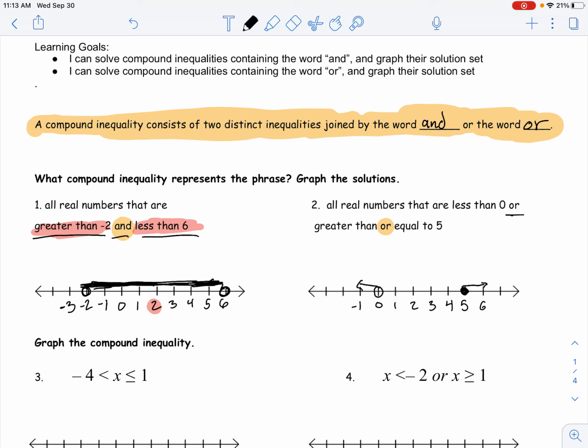So obviously these two arrows are never going to meet. And since it's an or problem, you only have to satisfy one of these two things. So for example, if I picked like 10 as my number, it doesn't satisfy the first one. It's not less than 0, right? But it is greater than or equal to 5, so it makes it true. So these or statements only have to satisfy one of the two inequalities.